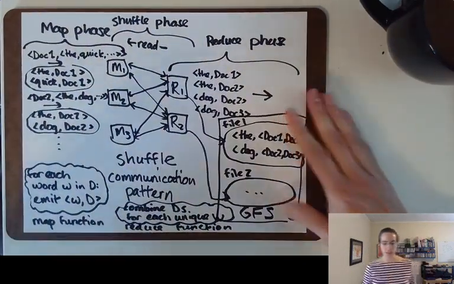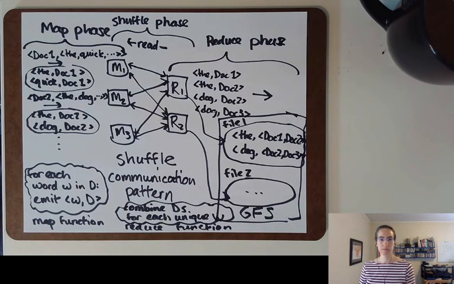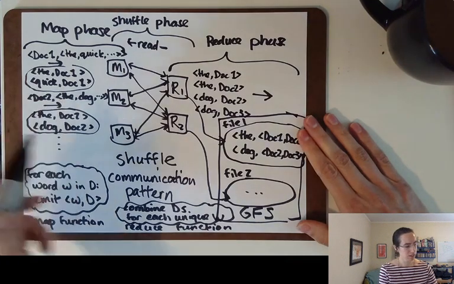So here's our picture again. I would argue that in the setting of MapReduce, when you kick off a MapReduce job, you know how much data you're working with, right? So it's not necessarily going to be a dynamic amount of data that's arriving.